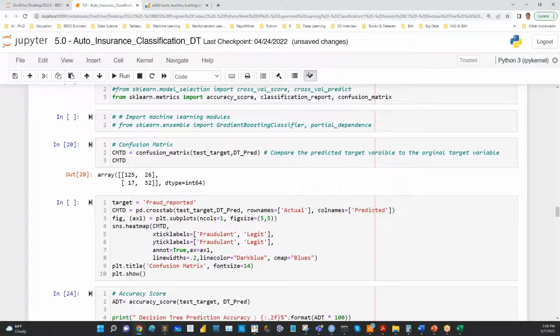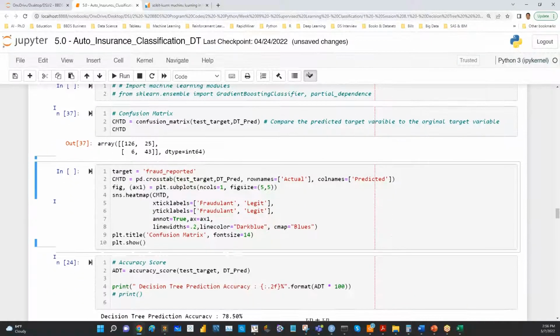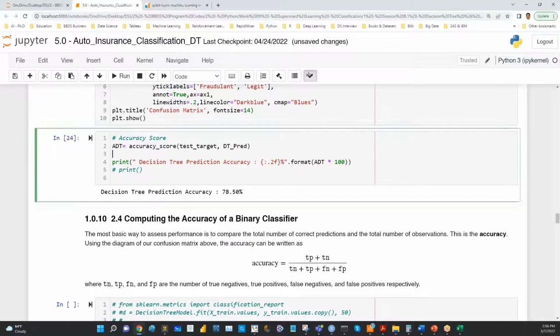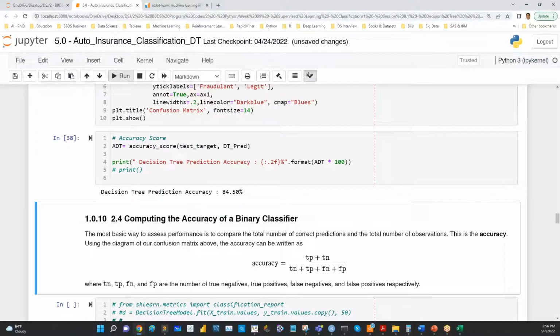So remember, we got 17 and 26, and now we got 6 and 25. So we reduced it, we did a better job. Now let's calculate the accuracy. It is 84.5. Okay, 84.5. So compare.